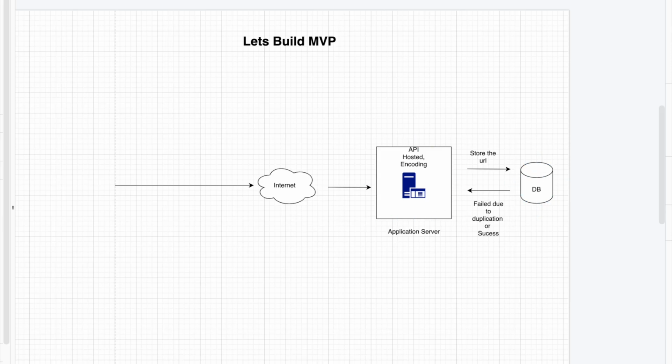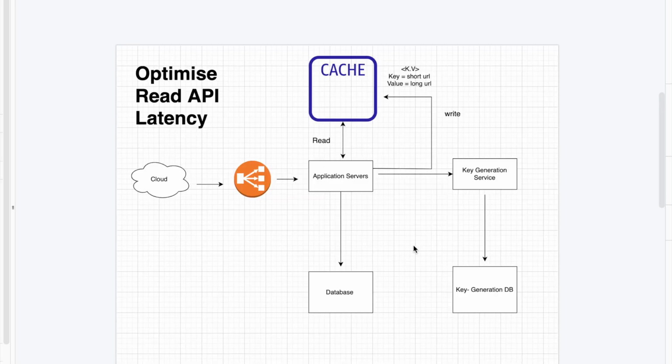Now we want to optimize it, right? Because you don't want to hit the database every time, because your mapping is not changing. No one is going to change your mapping eventually. So you can introduce a caching layer. As soon as you get a short URL, you query the cache, and if that original URL is present in the cache, you return it from the cache.